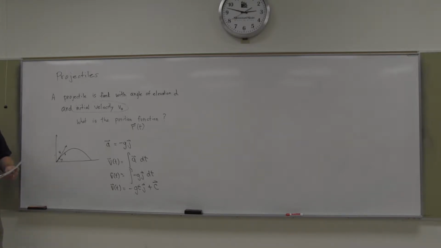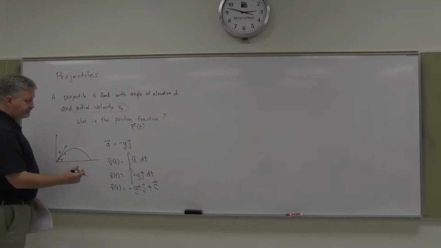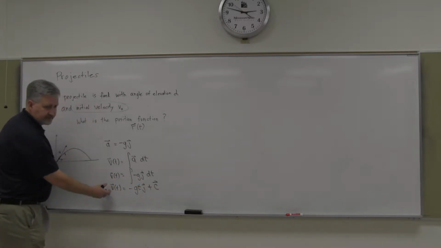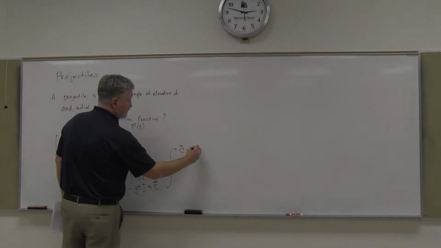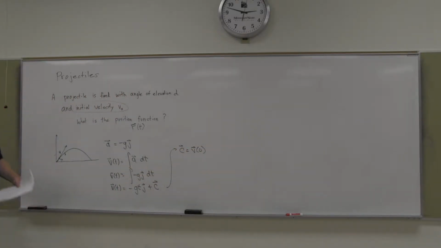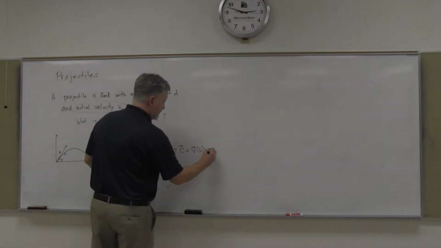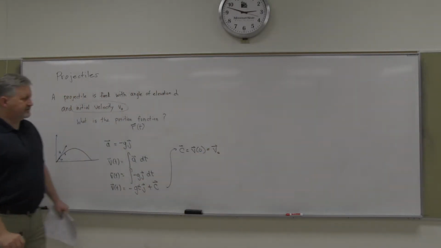Now let's think about the c. As before, c is the velocity v0 at time 0. So at time 0, we're given that, the velocity vector at 0.